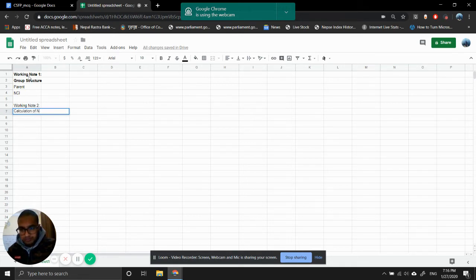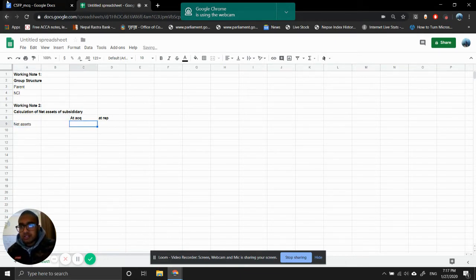Net assets of subsidiary at acquisition and at the reporting date. Let's bold it. And then share capital. We don't have share capital in this, so what we have is net assets already given.